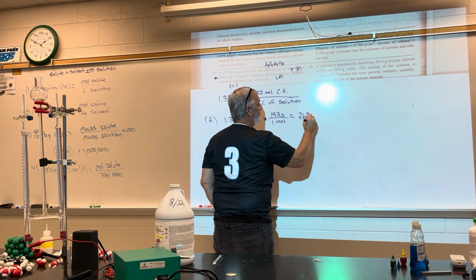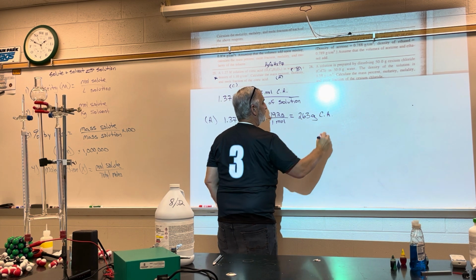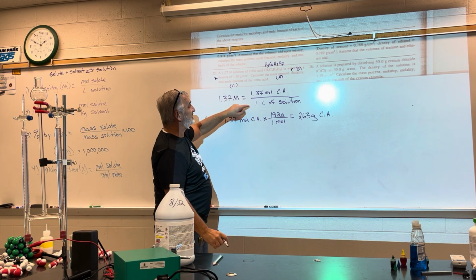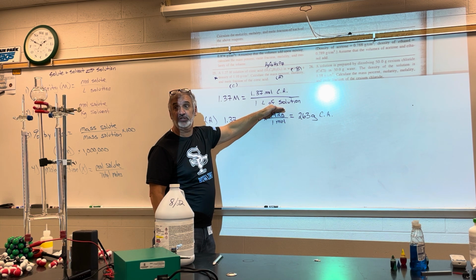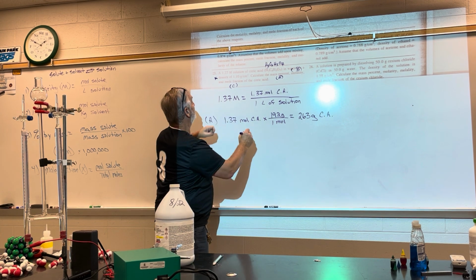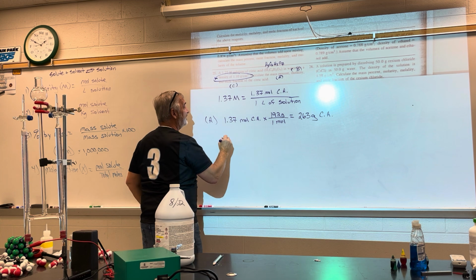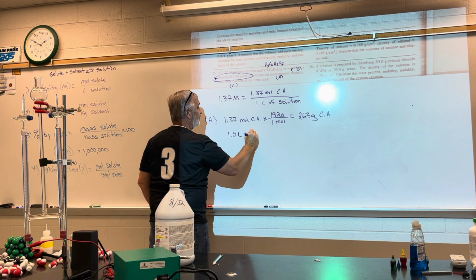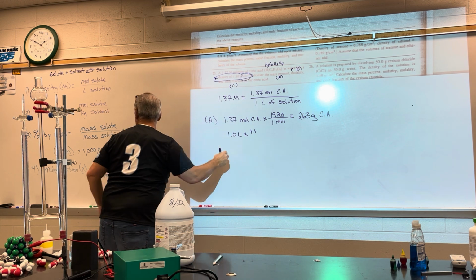$263.04. We'll just say 263 grams of citric acid. Okay? But I need the mass of the solution. Well, how can I get from liters of solution to grams of solution? Density. That's where the density comes into play. So I can say that I have 1 liter times 1.1, well, it's cubic centimeters, so what do I need to make that?